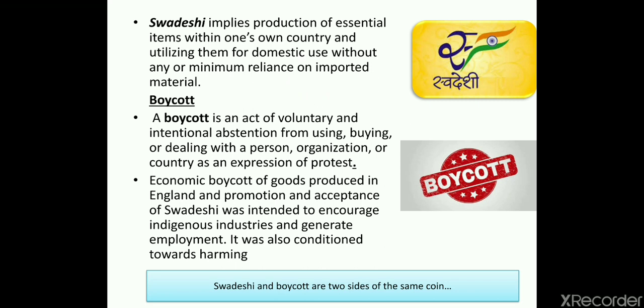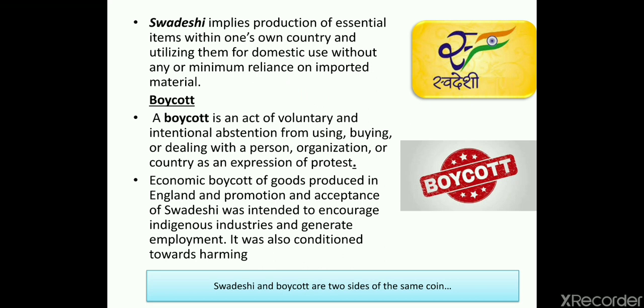Here, the people were protesting against the Britishers, so they were not purchasing the things manufactured by the Britishers, or whatever they had, they were setting on fire, organizing a kind of bonfire to symbolically show their aggression towards these things. So that was the boycott.